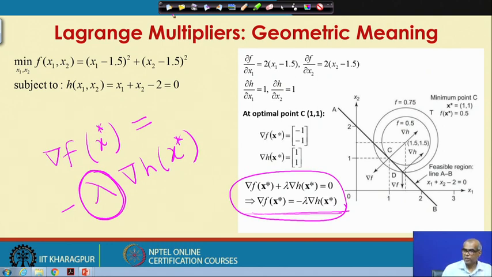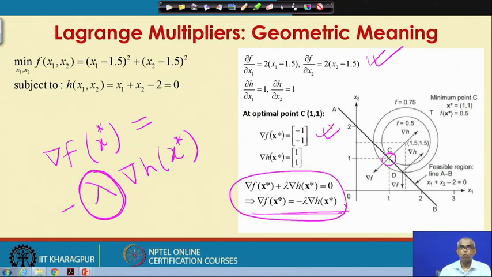Calculate del f/del x1, del f/del x2 and del h/del x1 and del h/del x2. So, for the given problem, you get del h/del x1, del h/del x2 as 1, 1, and at point C, which is the optimal point, the gradient of f can be evaluated from 2(x1 minus 1.5), 2(x2 minus 1.5).